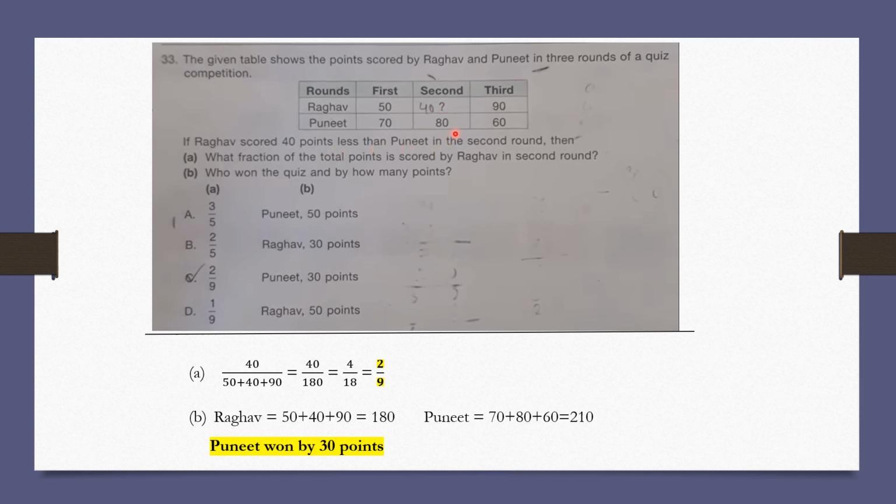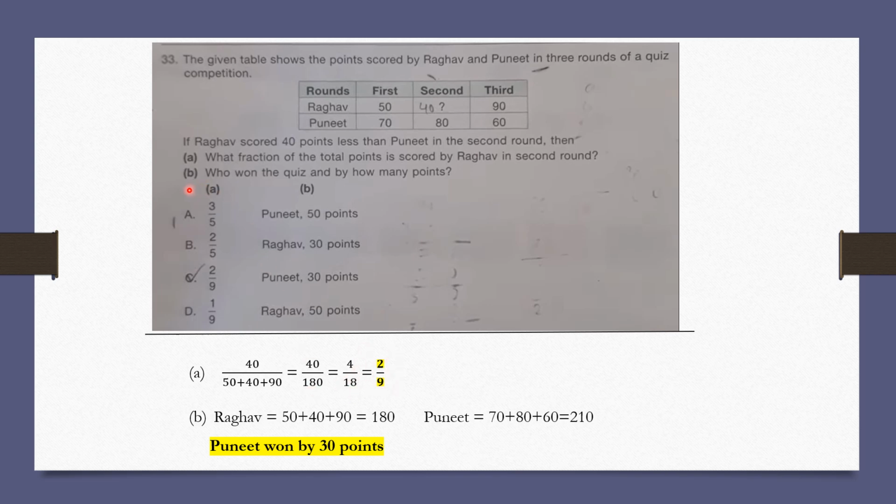So in second round Punit scored 80, so Raghav will score 40. Now what fraction of the total point is scored by Raghav in second round? So total points scored by Raghav is 50 plus 40 plus 90, which is 180. And the fraction of the second round is 40 divided by 180. Or we can write it as 4 by 18 or 2 by 9.